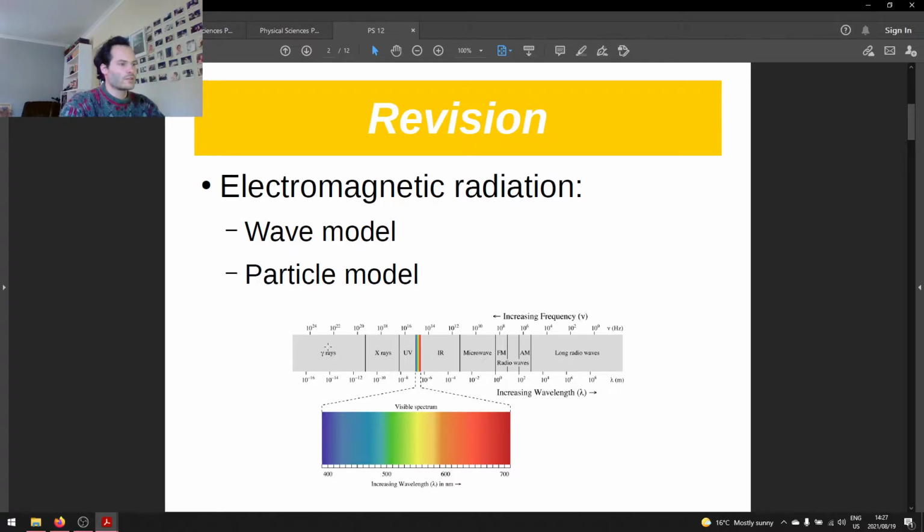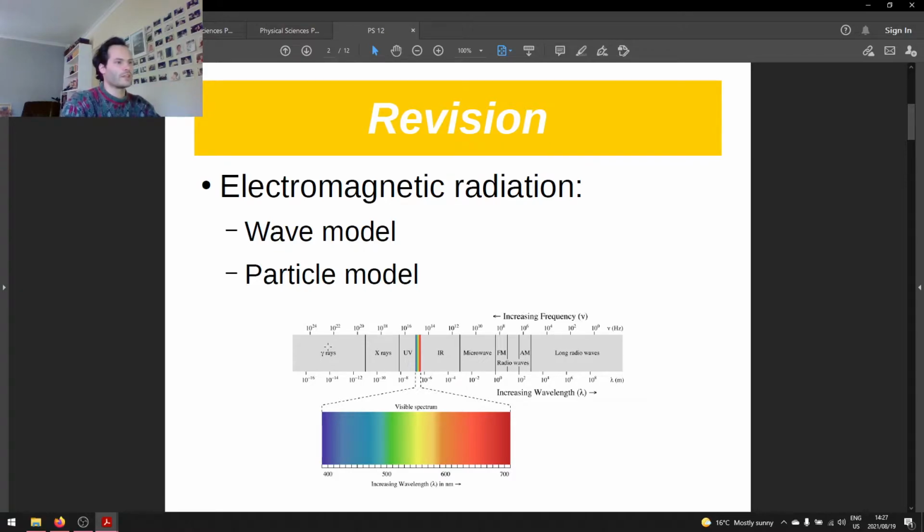The way that this works is that they are inversely proportional. If I have a wave with a higher frequency, remember then the peaks and crests must be closer together, so obviously my wavelength gets shorter. If I've got a lower frequency, then the wave is stretched out more, so therefore it's got a longer wavelength.